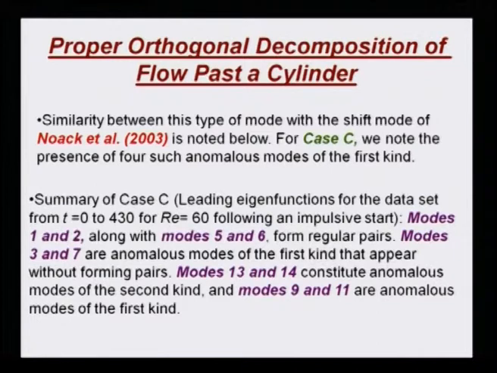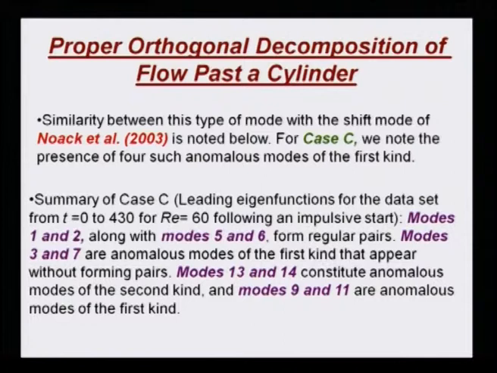So basically, if I want to summarize case C in terms of the leading eigenfunctions: modes 1 and 2, along with modes 5 and 6, form regular pairs. Modes 3 and 7 are anomalous modes of the first kind that appear without forming a pair. Modes 9 and 11 are also anomalous modes of the first kind.